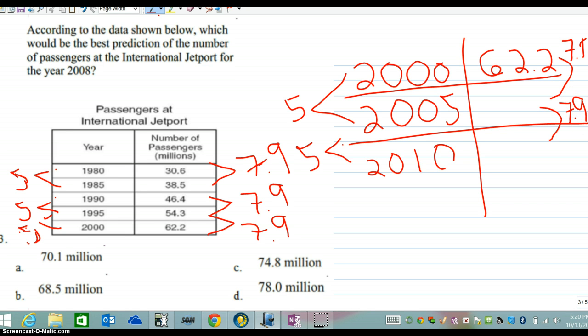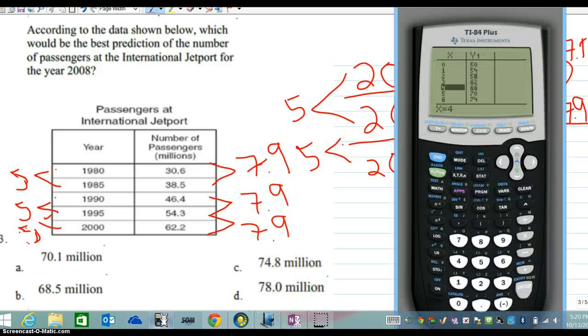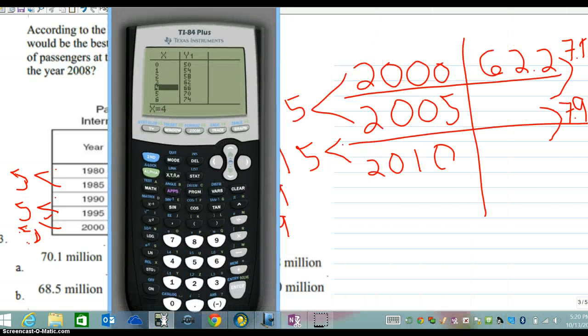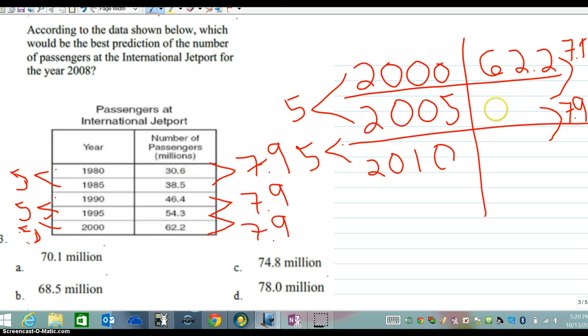Okay, very quickly, I'm just going to do this on my calculator. I see that if I add 7.9 to 62.2, I get 70.1. And if I add 7.9 to that, I'm going to get 78.